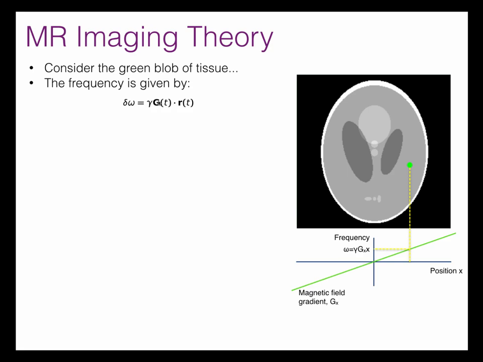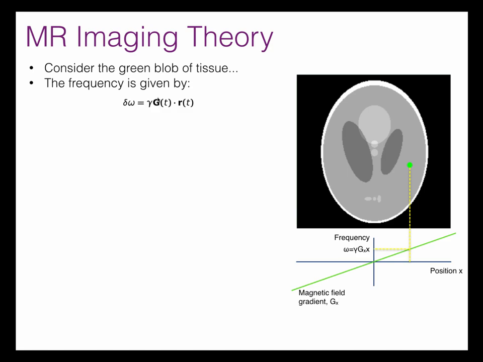And if we vary the strength of our gradients, the precession frequency will also change, because assuming that our spin is stationary, R of t is always R. G of t is time varying if we choose to turn our gradients on or off, or vary the amplitude. So it's interesting to consider how much phase this little blob of tissue accumulates over time if we've got some gradient waveform.